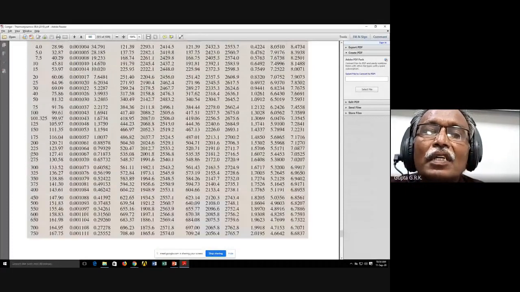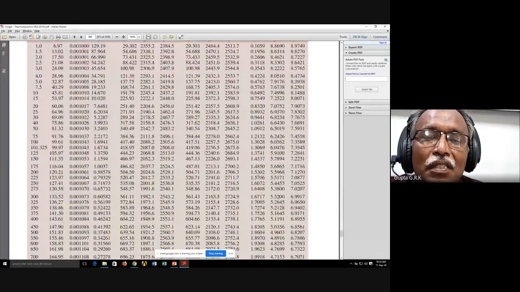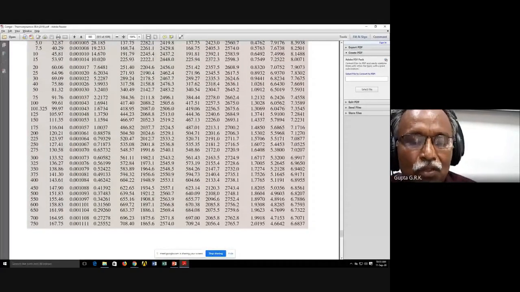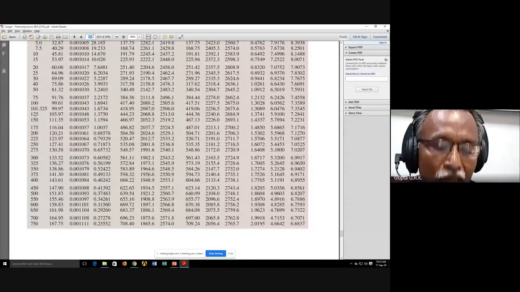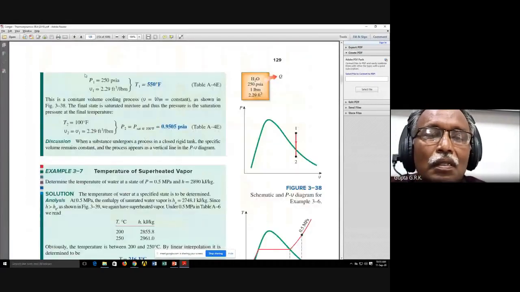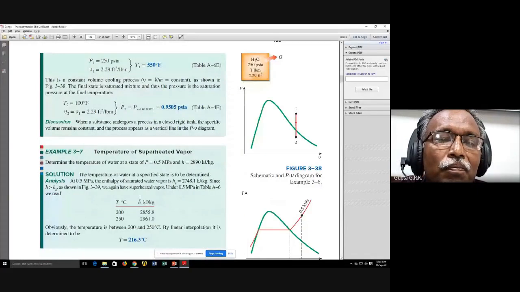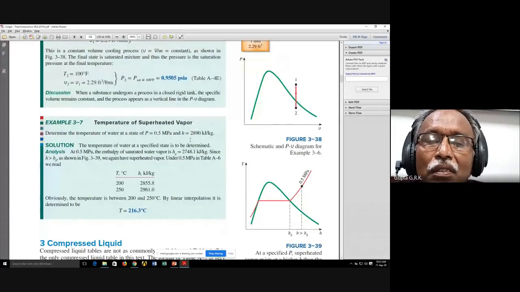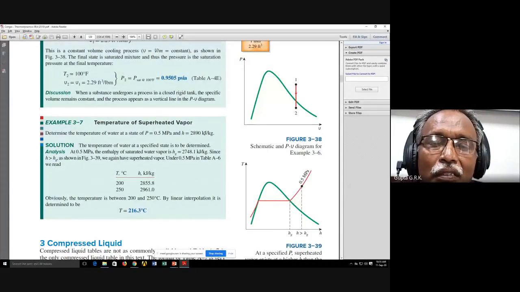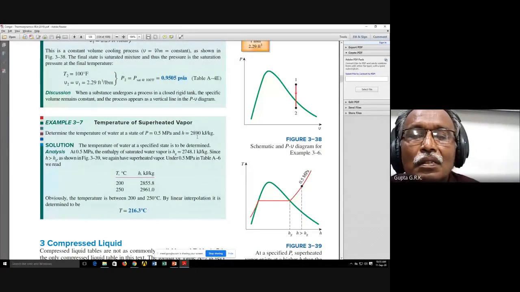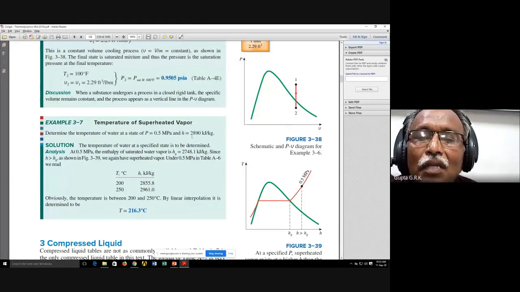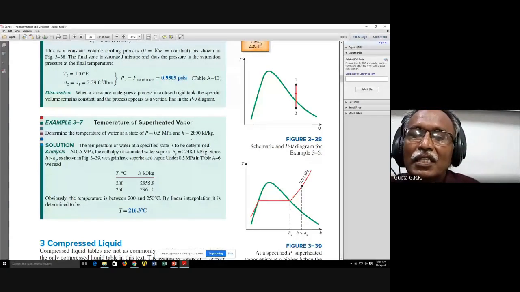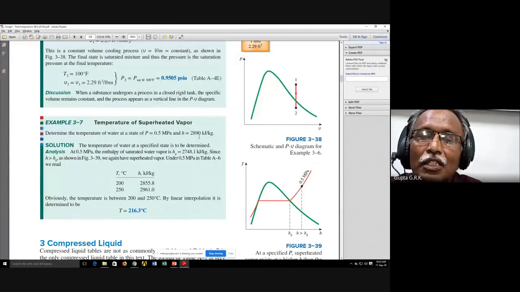I have to see hf and hg. At 500 kilopascals, hf and hg are 640 and 2100. The given h is 2890. So we have seen 640 and 2100; hg is less than this. So h is more than hg. That's why it is superheated.